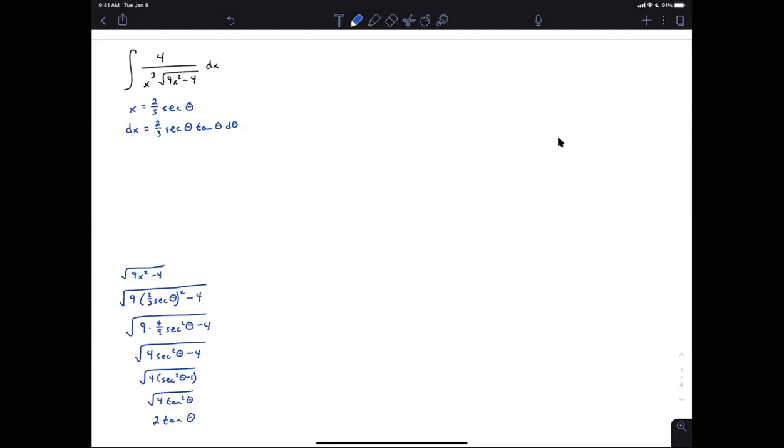Okay, so now we replace the x that's not in the square root with 2/3 secant theta. So we're going to make that 8/27 secant cubed theta. And then instead of the square root, we get 2 tangent of theta. And instead of the dx, we get 2/3 secant theta tangent theta d theta.